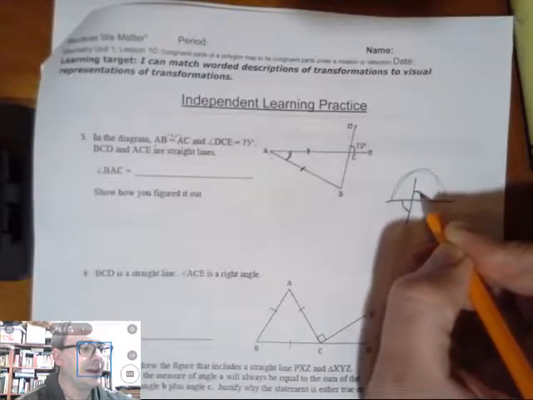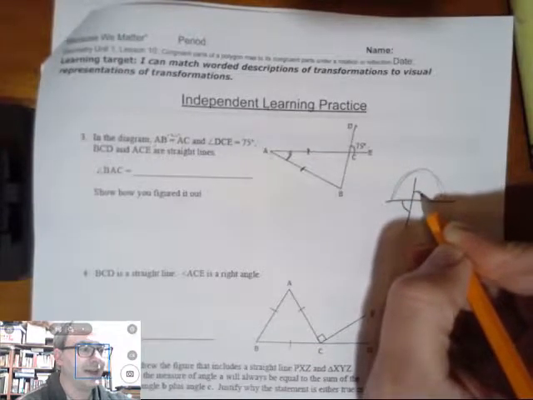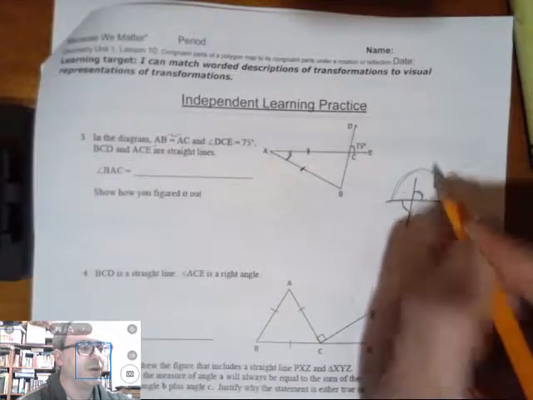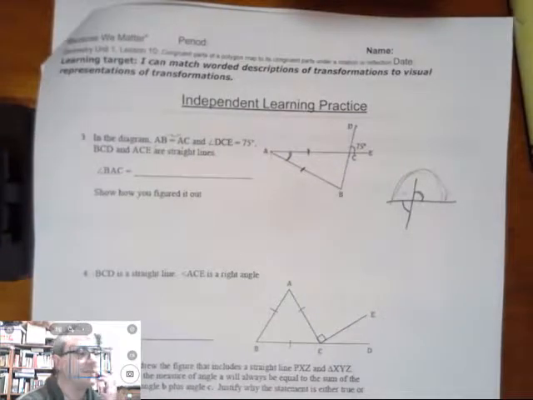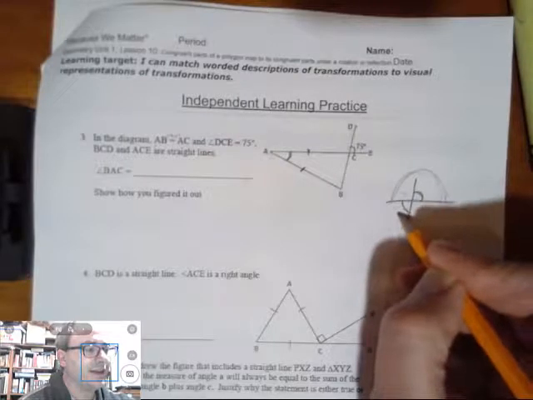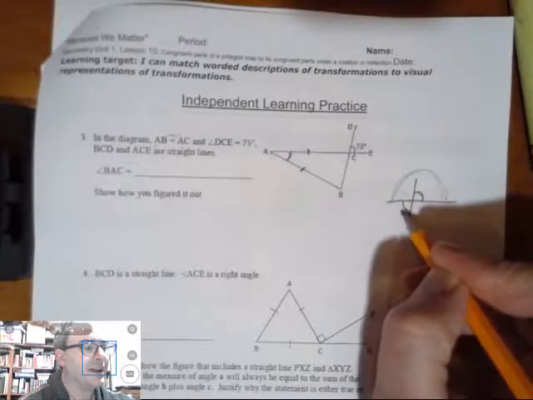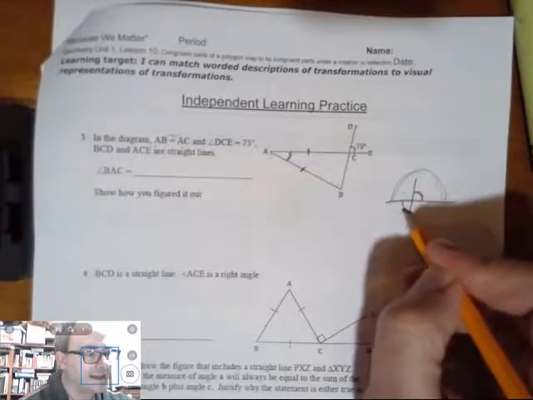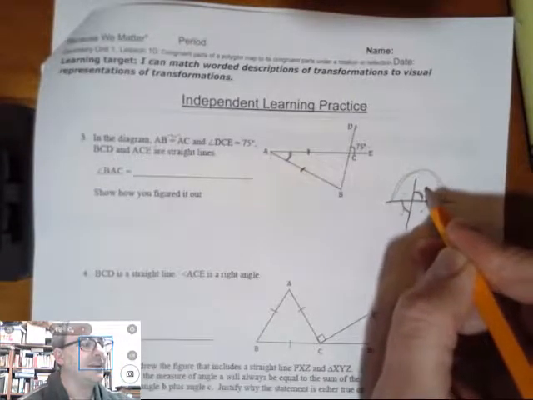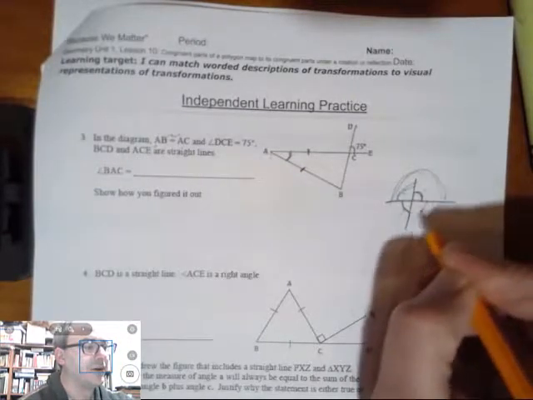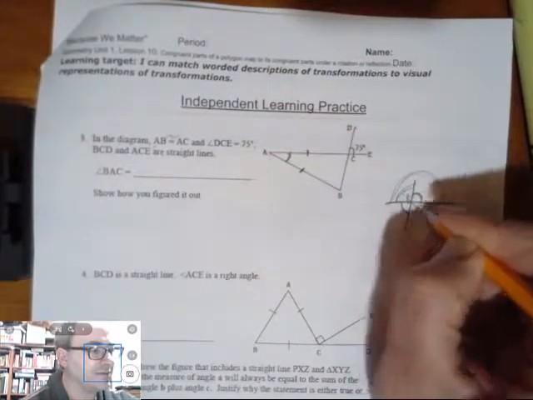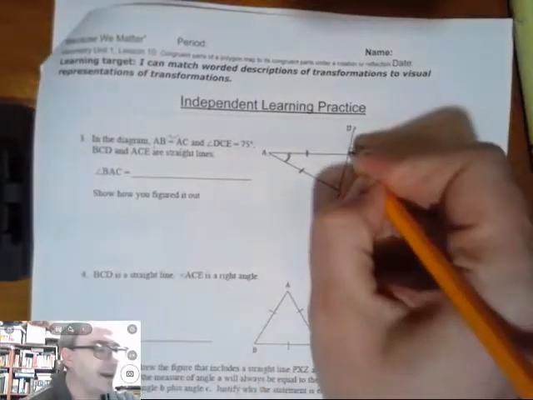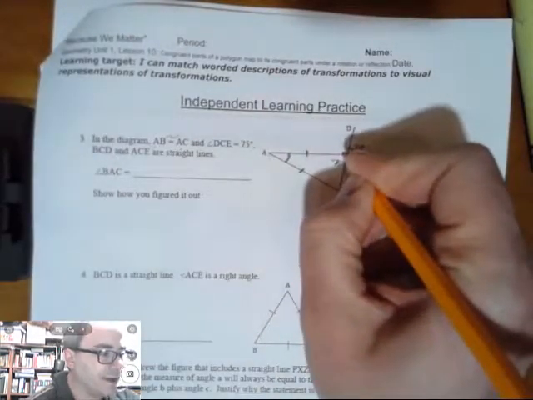If I know this angle, then this angle plus this angle will always equal 180, because all straight lines equal 180. So on the other side, this angle has to be the same as that, because 180 minus this is going to equal that, which means these two are also the same. So the vertical angles, the angles diagonally across from each other, are always congruent. If I know this is 75, then I know this is 75.